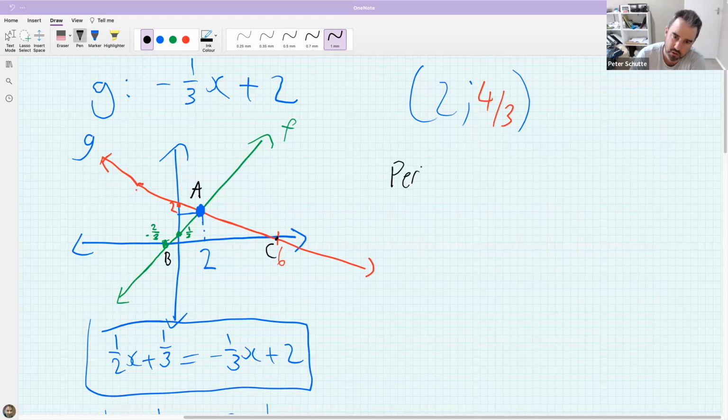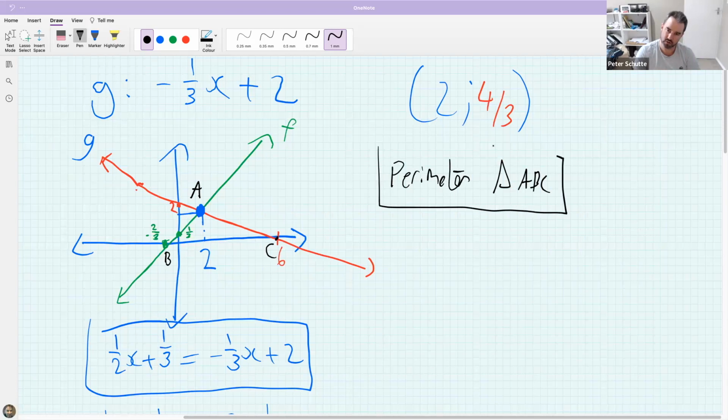I want you to find me the perimeter of triangle ABC. Who can tell me what tools I need to use to find the perimeter of triangle ABC? Yes, you do indeed need the distance formula, and you need to find for me AB, BC, and AC in order to find the perimeter.